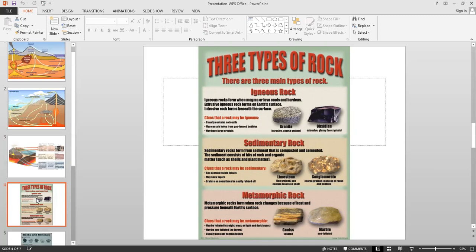We have pegmatite, then obsidian, which is extrusive, and there is diorite. Is there another slide, Madam Kushima, that you're sharing with us?